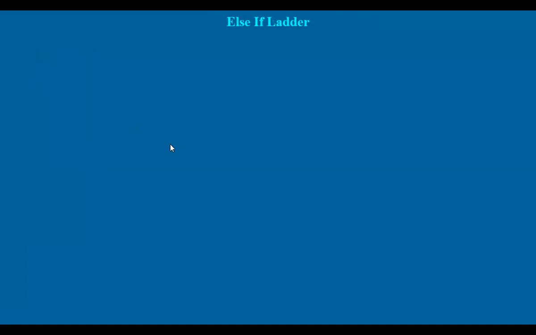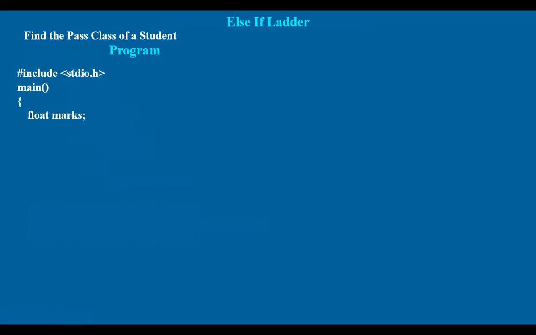Now, let us see how this ladder is used. I want to find out the pass class of a particular student. We are given the marks and we have to find out whether he has passed or, if passed, in which class, or whether he got the distinction or not. So we are taking the marks as a variable.